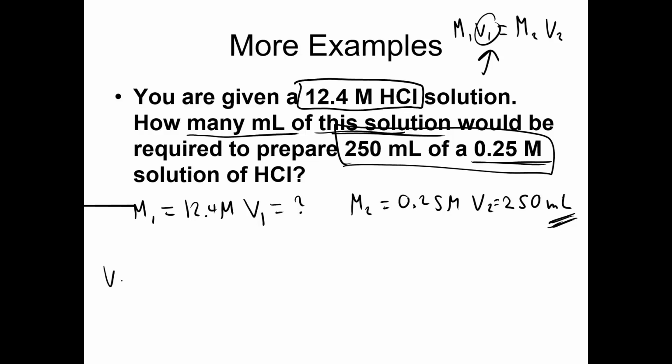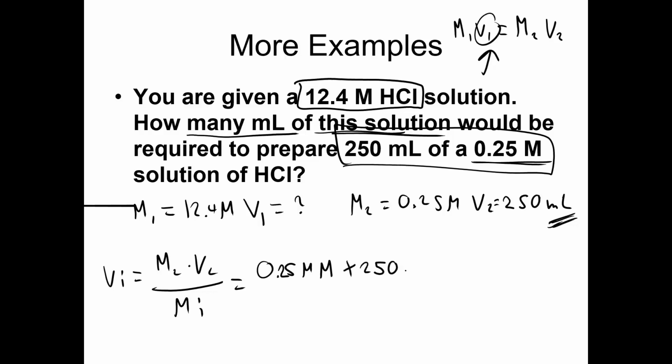So we take this formula and solve for V1. So we get V1 equals M2 times V2 over M1. Plug it all in. 0.25 M, I forgot the 2, times 250 milliliters divided by the 12.4 molar stock solution.